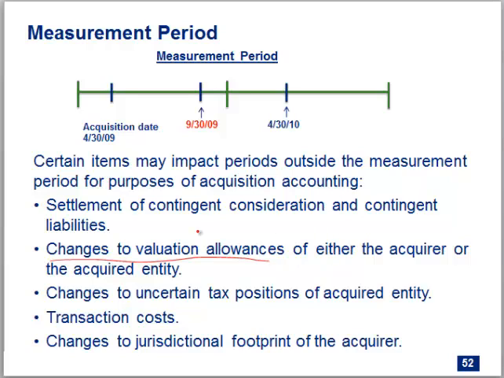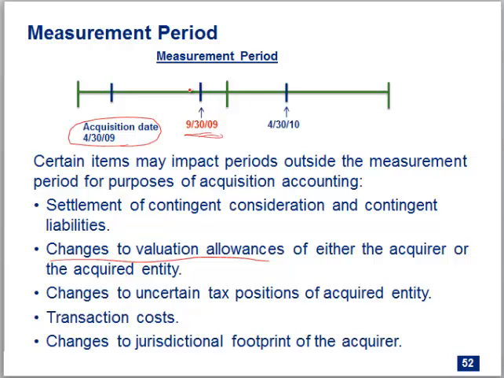Let's say you buy a company and the acquisition date was here, and within the measurement period, right, this is within 12 months, you decide, you know what, on day one I bought this company and I thought its deferreds were good, I didn't need a valuation allowance, I was pretty happy with the way things were going, but now 5 months later it looks awful, I'm putting a valuation allowance up, their deferreds probably aren't good.